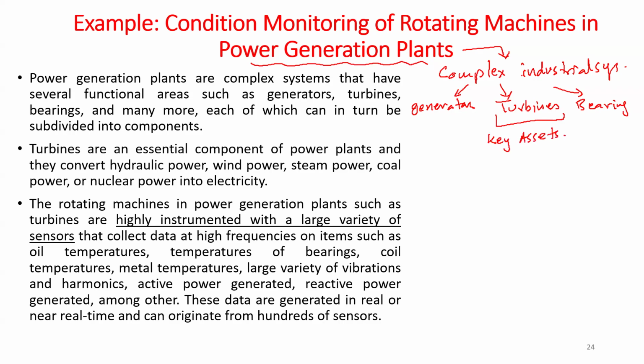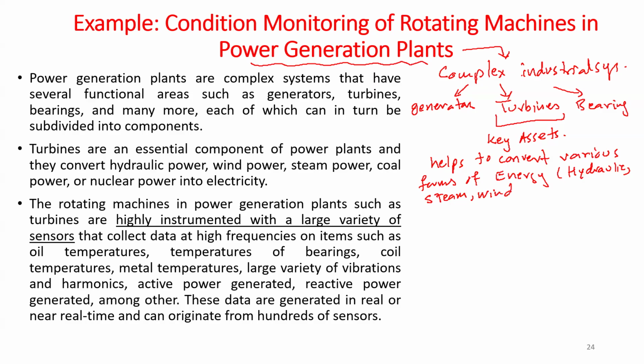What a turbine does is convert various forms of energy, like hydraulic, steam, wind (you might have heard about wind turbines), coal, gas turbines, or even nuclear, into very useful energy that we use a lot: electrical energy. So these turbines are treated as key assets.